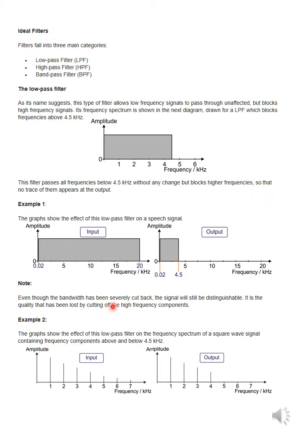Even though the bandwidth has been severely cut back, the signal will still be distinguishable. It is the quality that has been lost by cutting off the high frequency components. So you might be wondering what happens to the information above it.